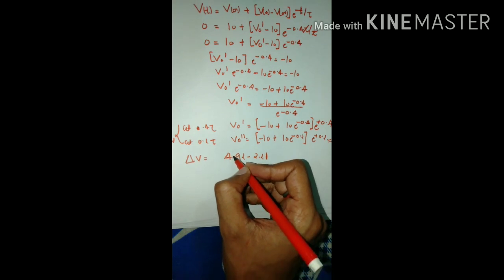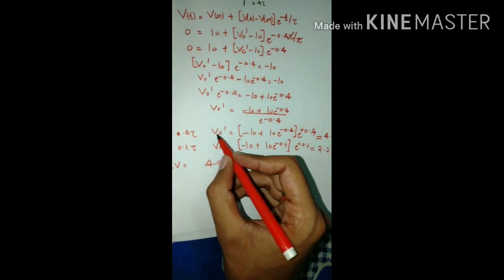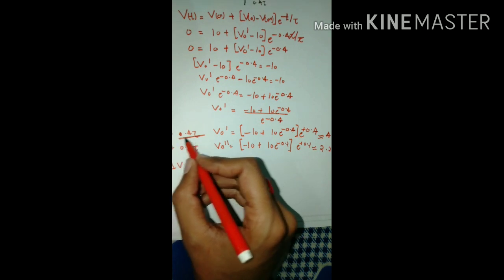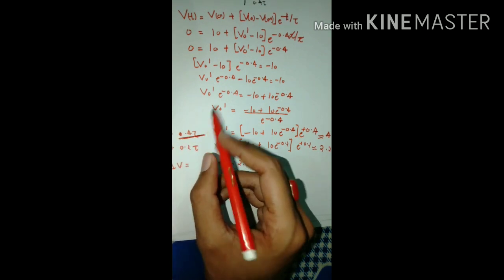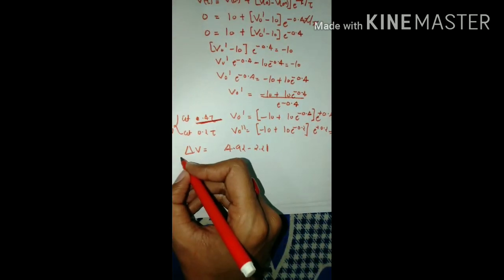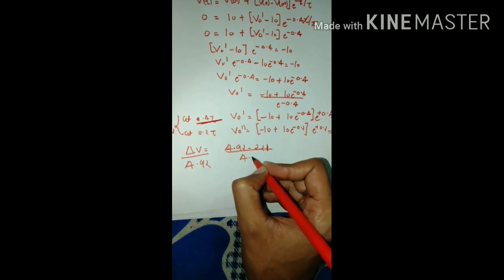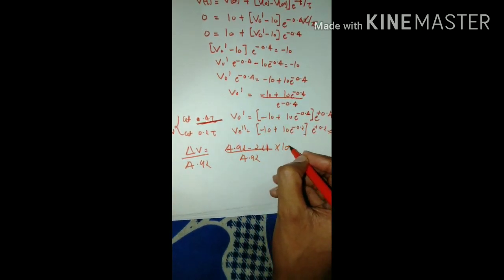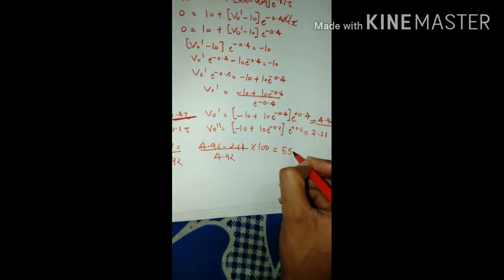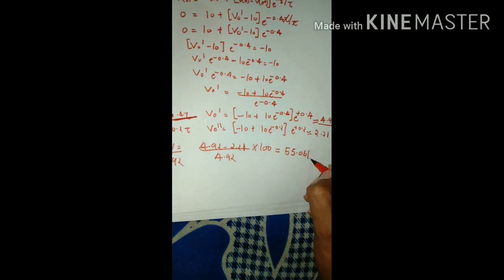What the question says is the absolute percentage change with respect to initial voltage. Initial voltage meant when zero crossing has to happen at 0.4 tau, with respect to initial voltage 4.92. Multiplying by 100, we get 55.081, which is your answer.